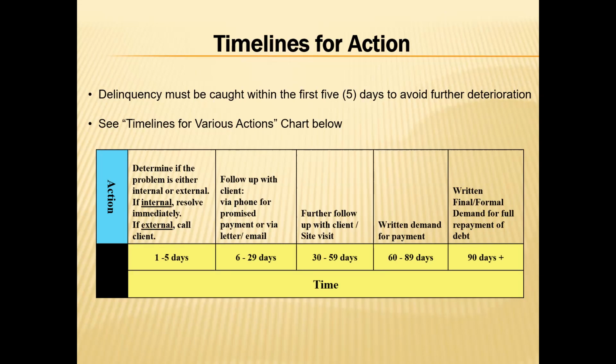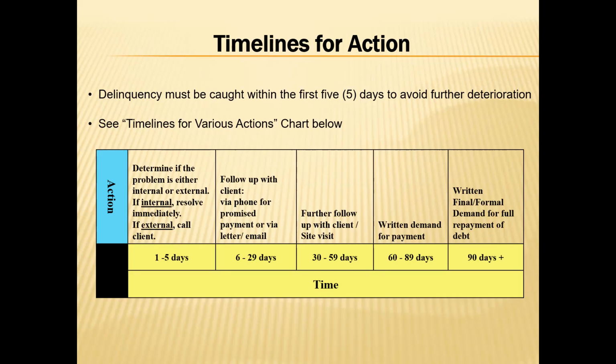At 30 to 59 days, you have to do a further follow-up with the client, and then if necessary, a site visit. If it's too dangerous, you accompany yourself with a police officer, a law enforcement officer, or officers. At 60 to 89 days, that's when you issue your written demand for payment.